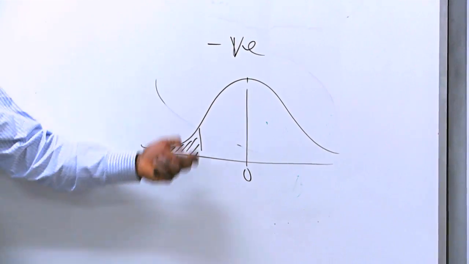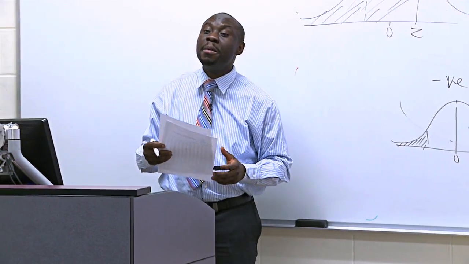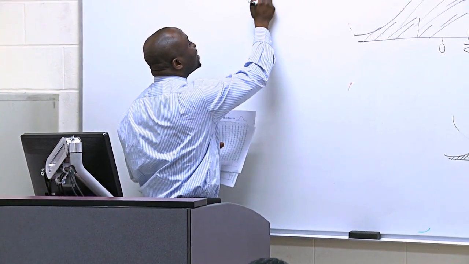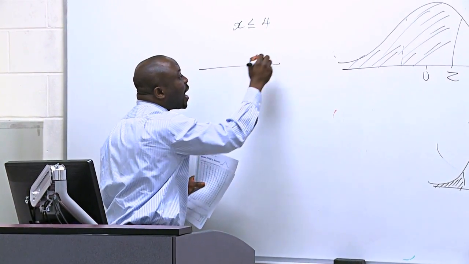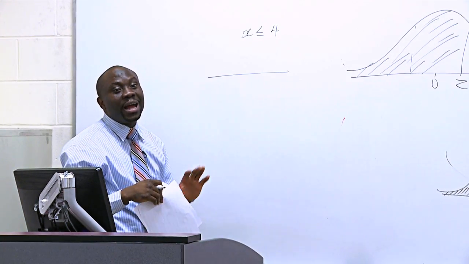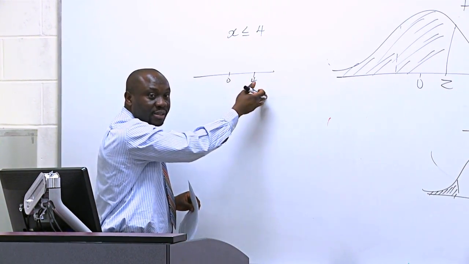Now let's try to understand why this is shaded. If you remember from 097, you did something called inequalities. Anytime you solve for x less than 4, you were asked to illustrate your answer on a number line. So assuming this is 0, 4 will be to the right of the 0, right?